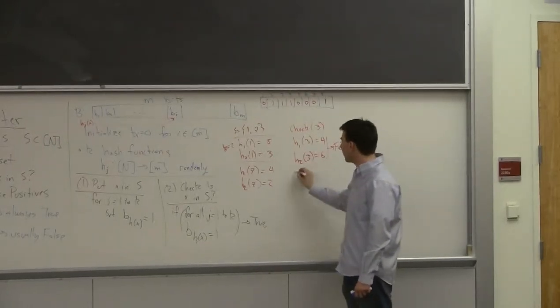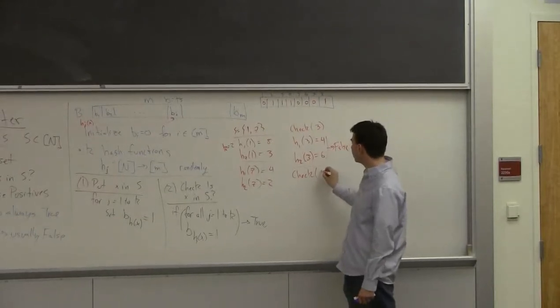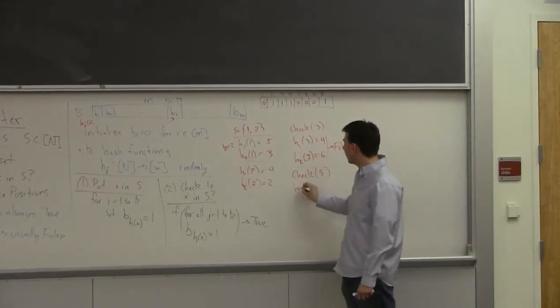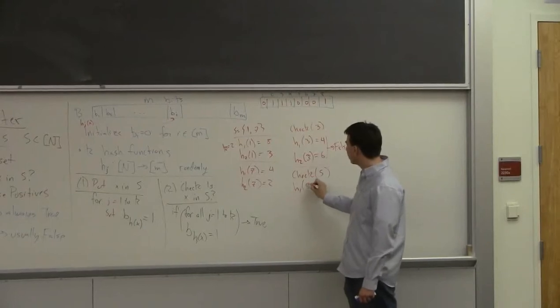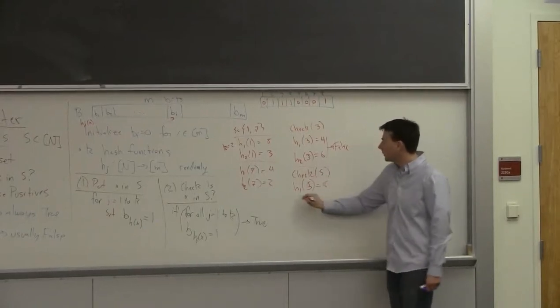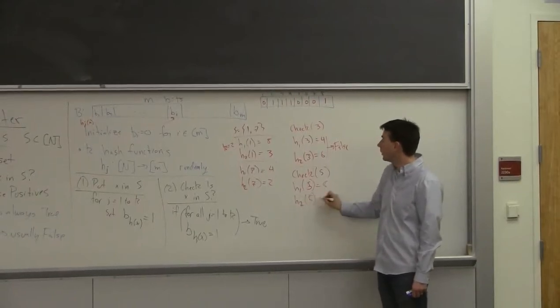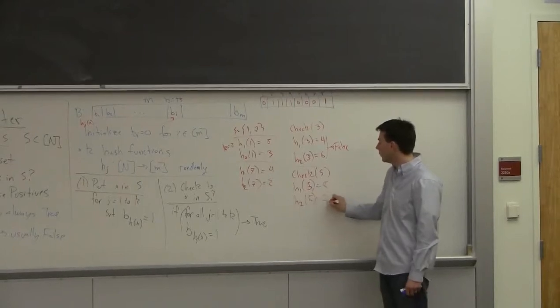So now say I check the value 5, and hash 1 of 5 is equal to 8, and hash 2 of 5 is equal to 2.